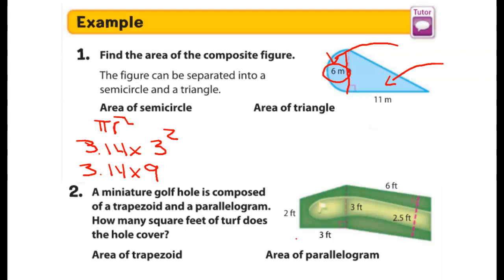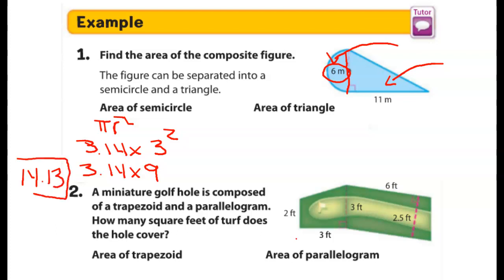And then I'm going to divide that by 2, because 3.14 times 9 gives me the area of the whole circle, and I just want half of that. After I divide that by 2, the area of the semicircle is 14.13. Okay, let's set that aside.